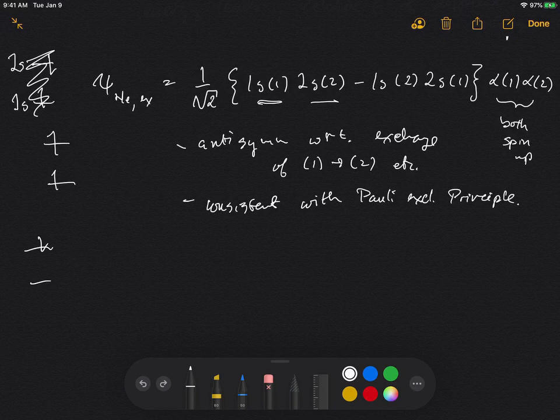So the spatial part looks the same, except that we've replaced the alphas here with betas. Okay, so that's the both spin down state.